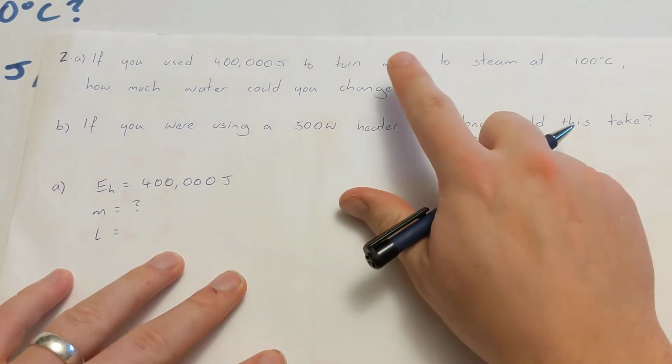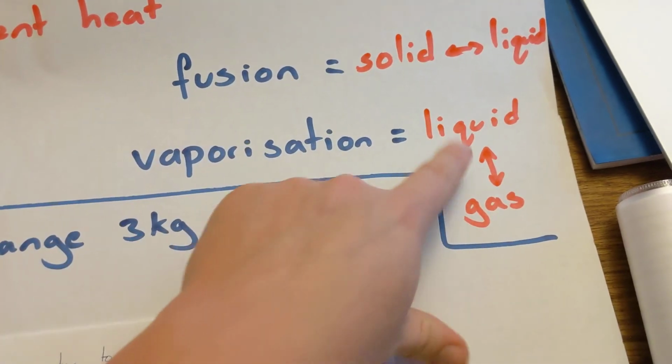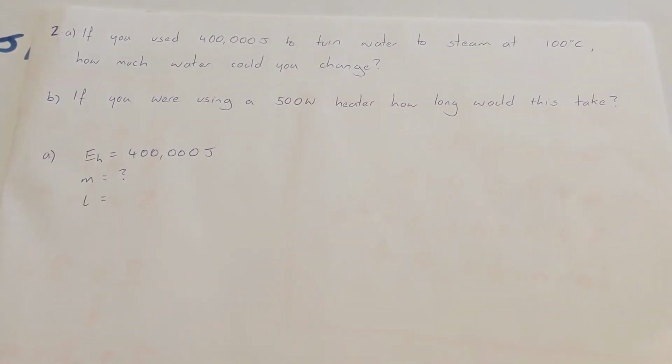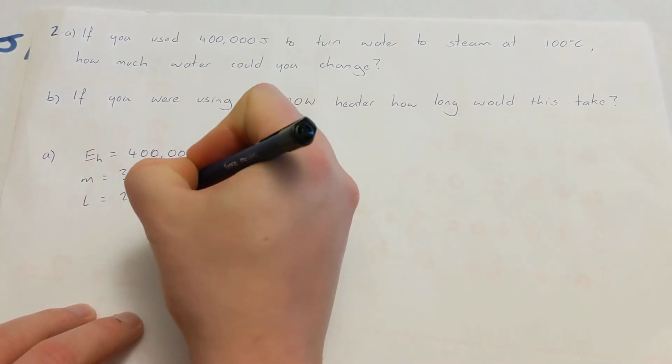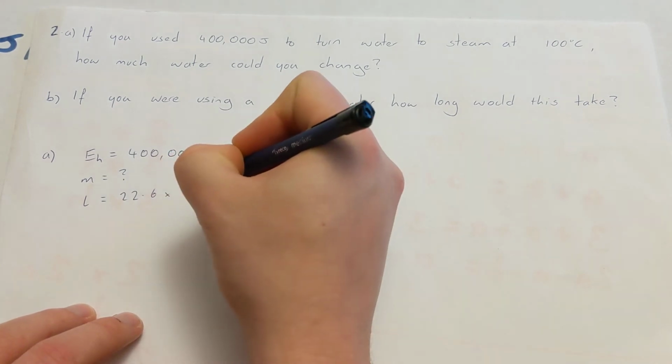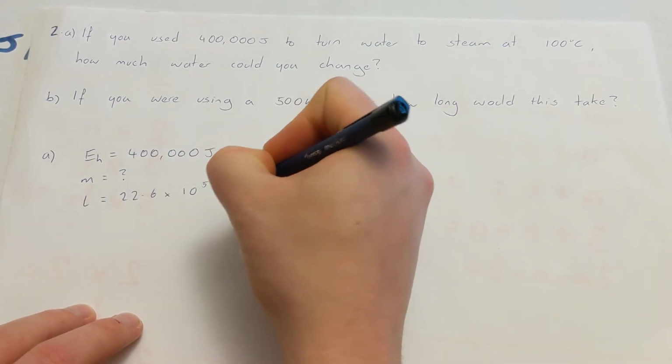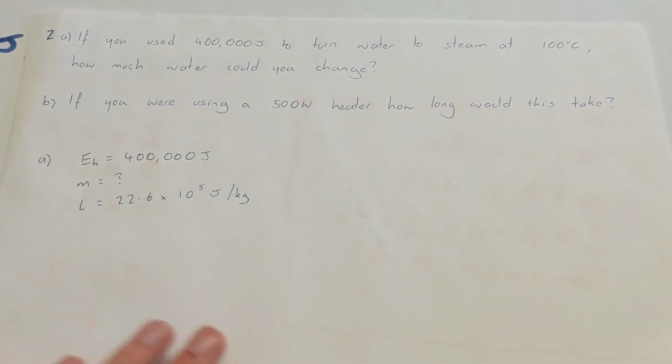Okay, well, it's going from a liquid to a gas. So liquid to gas is vaporization. Okay, and again, you'll find this on your data sheet, but the latent heat of vaporization for water, remember it's different for every substance, is 22.6 times 10 to the power of 5 joules per kilogram.